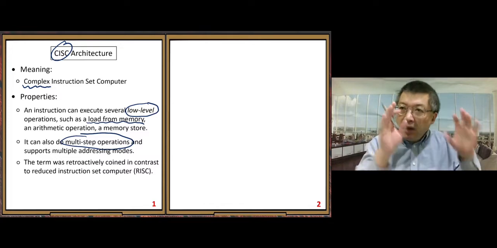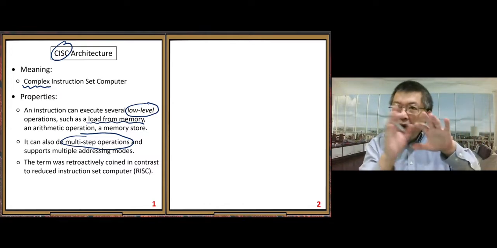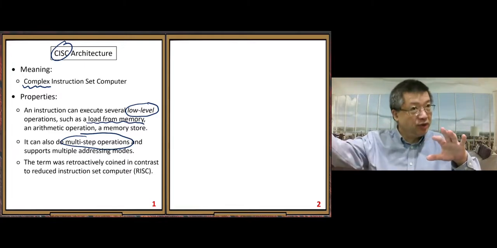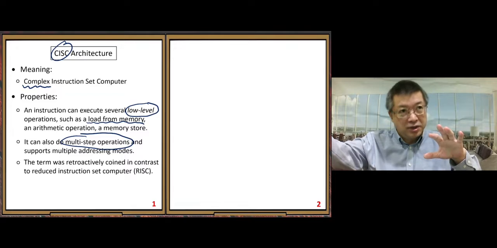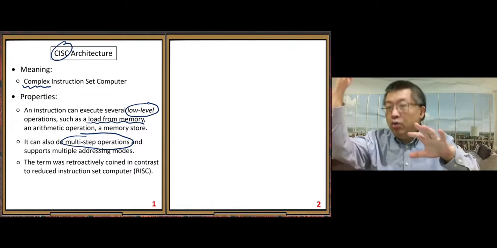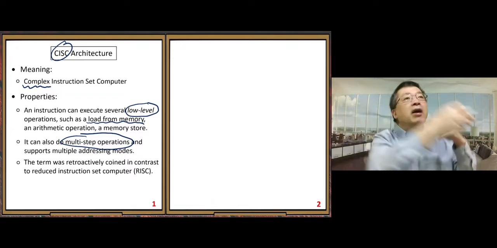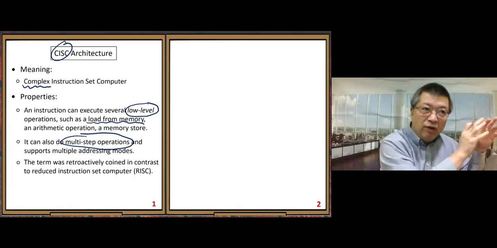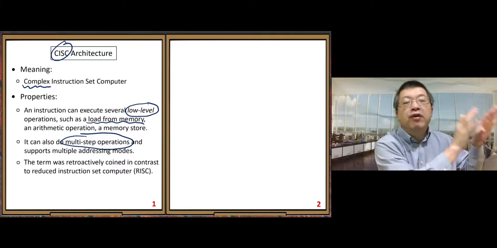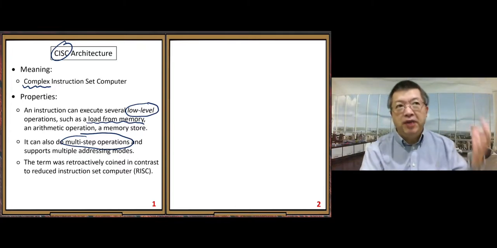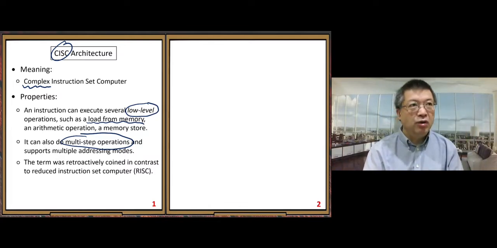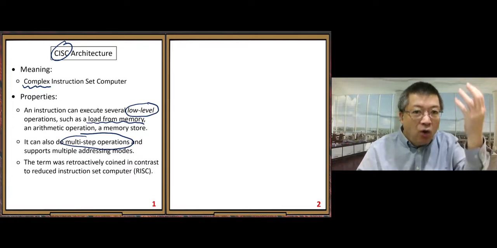But later, after they created another new architecture, RISC architecture, which we will talk about in the next half of the slide, people felt they should provide a different name for the first architecture. Then the CISC name was coined. That's why it's retroactively coined.